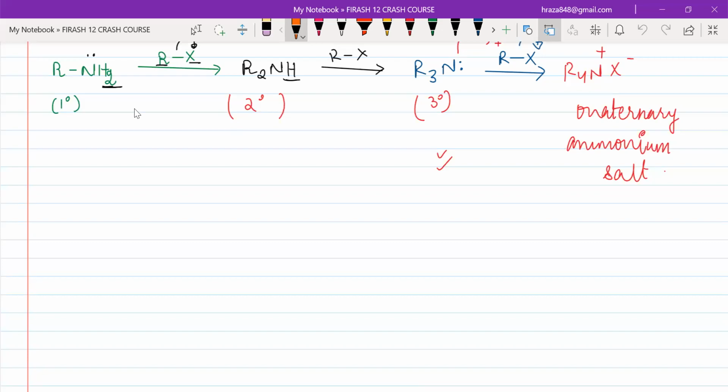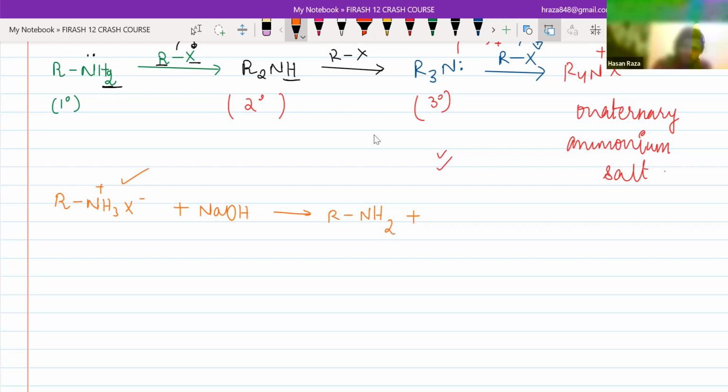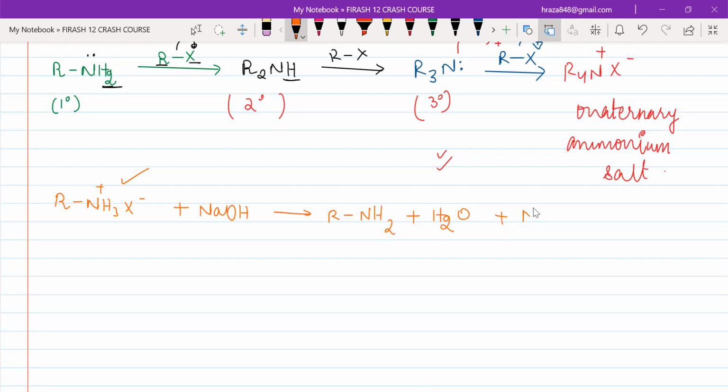Okay. Now you can see that if you are going to react this, RNH3 positive, X negative, which is an ammonium salt it is. And if you are going to react this with base, then you will be getting primary amine, RNH2, and H2O will be eliminated from here, and then Na plus X minus will form.